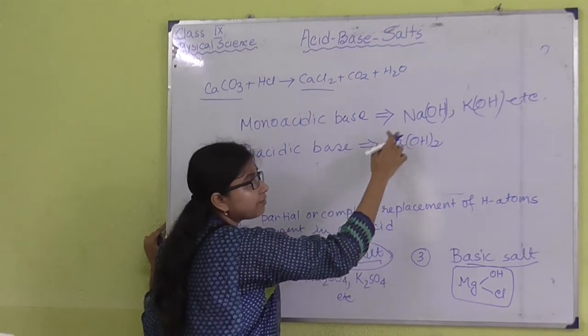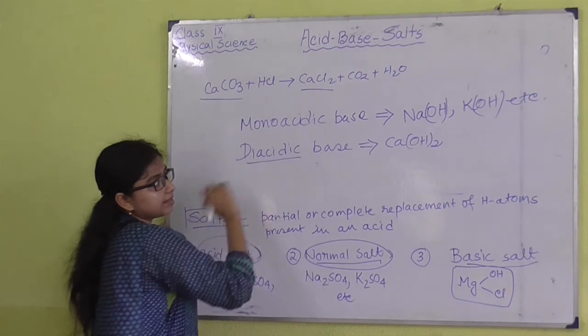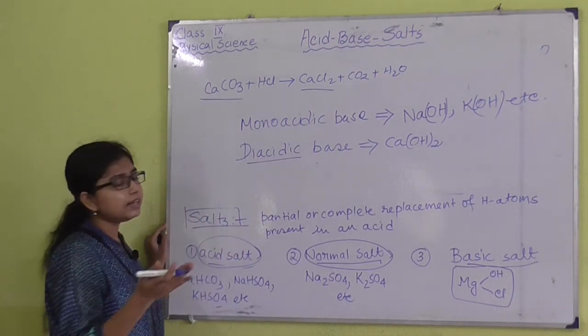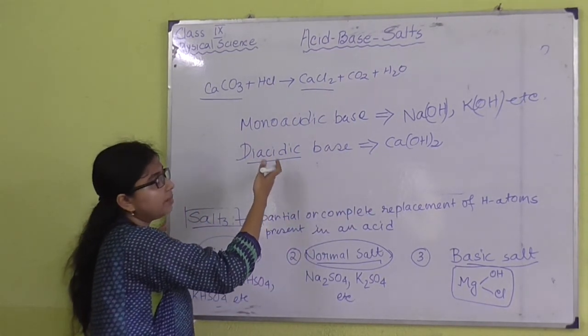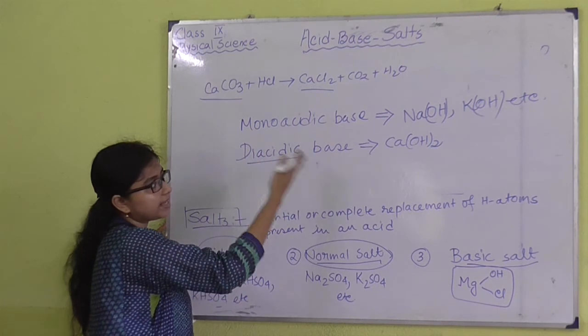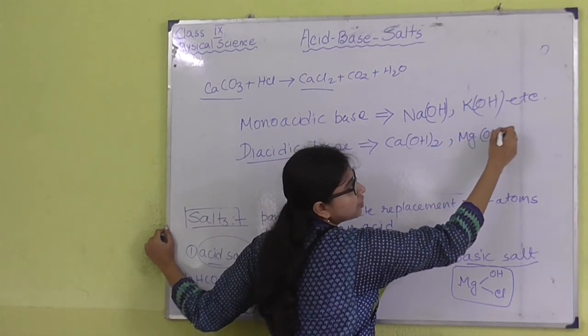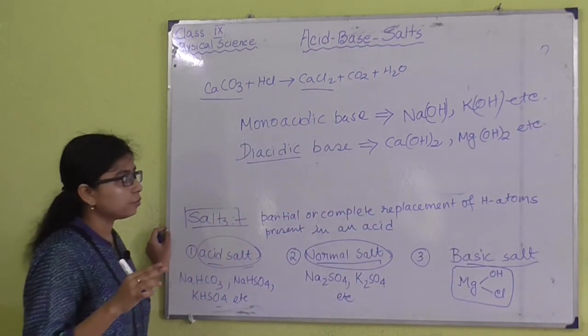In this base we have two hydroxyl groups, and that is why it is known as diacidic. In case of acid, we say monobasic acid, and in case of base, we say diacidic type of base. Another example is magnesium hydroxide, which also contains 2 hydroxyl groups.